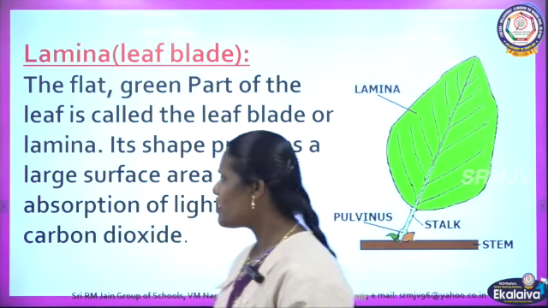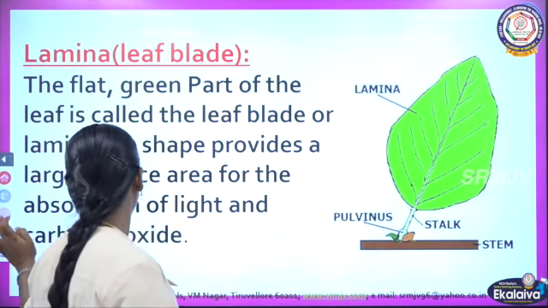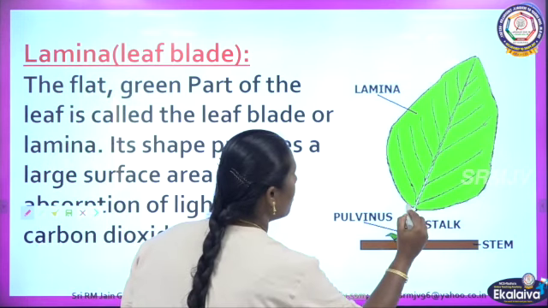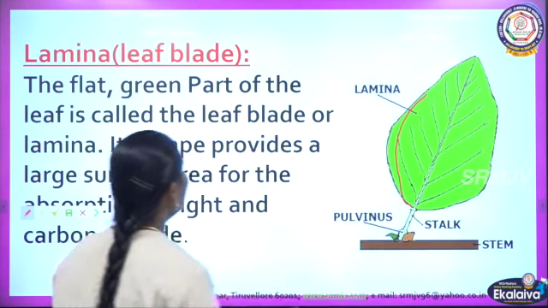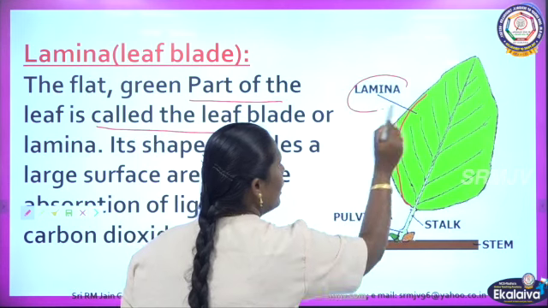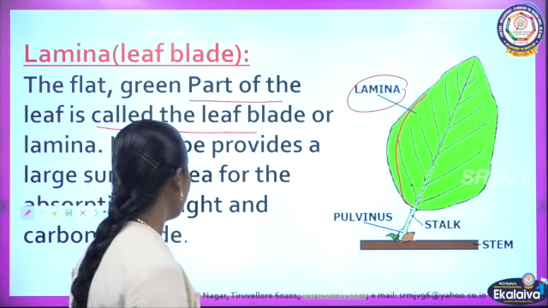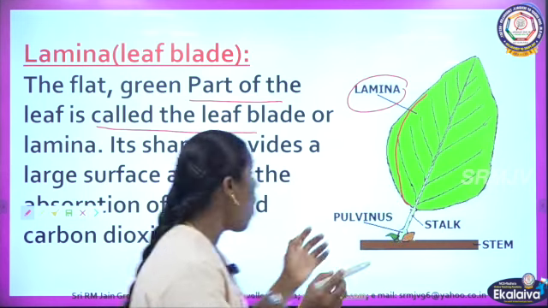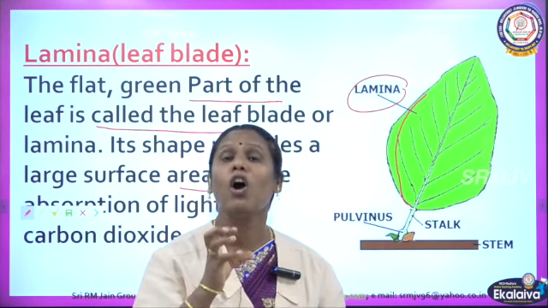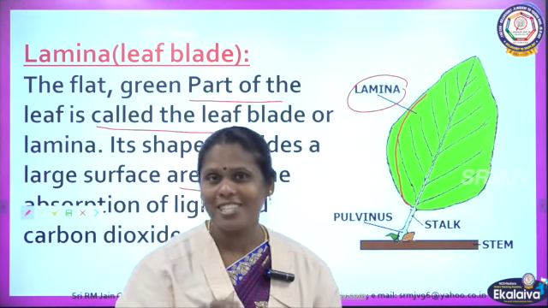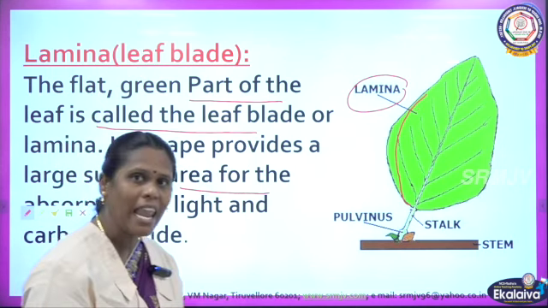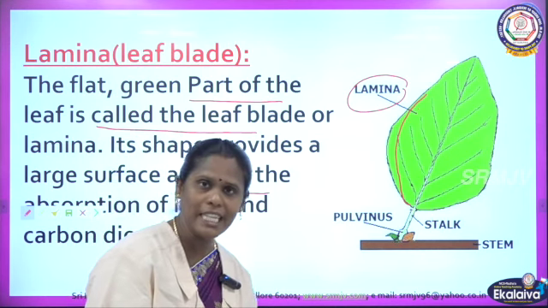Okay children, first one: the flat green part of the leaf is called the leaf plate or lamina. It provides a large surface for the absorption of light and carbon dioxide for the photosynthesis reaction. So this is the structure of the lamina.